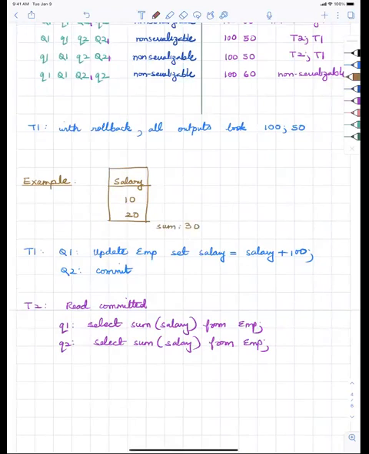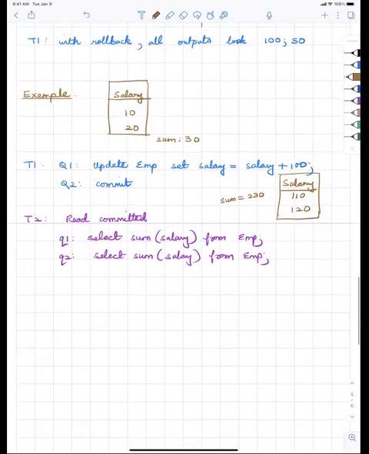And then once I update, it's going to be salary 110, 120, and then the sum would be 230. So once T1 is completed, the sum should be 230, and before T1 is done, the sum is 30.